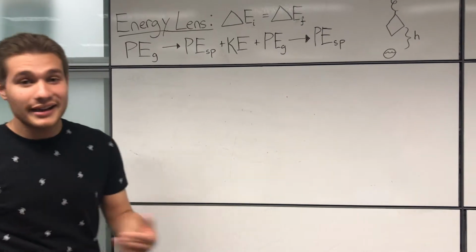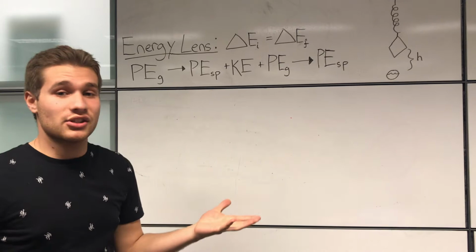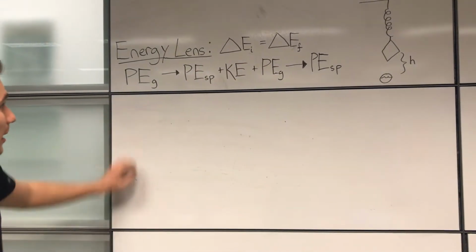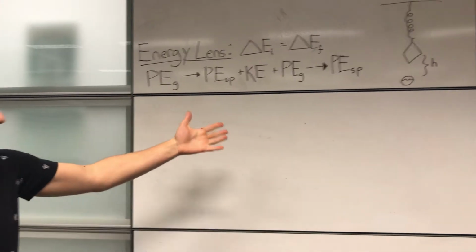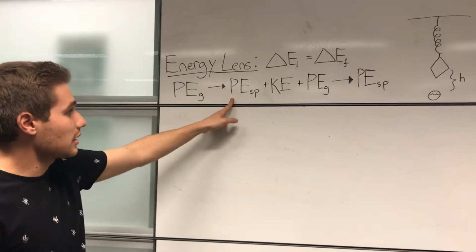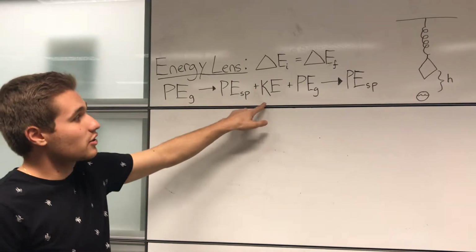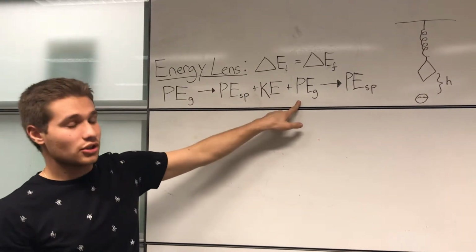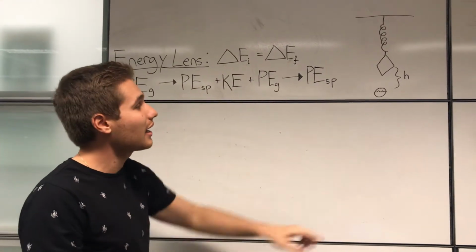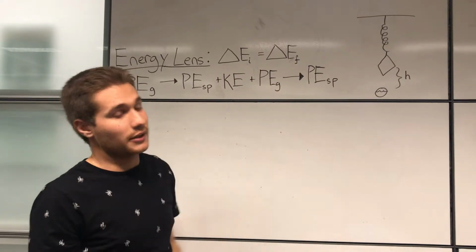To find the height of the egg, we use the energy lens, and we said that energy is conserved, so the initial energy is equal to the final energy. In the experiment, the gravitational potential energy of the weight is equal to the potential energy of the spring plus kinetic energy plus gravitational potential energy, which ultimately, when it's just on top of the egg, all the energy is converted to potential energy of the spring.